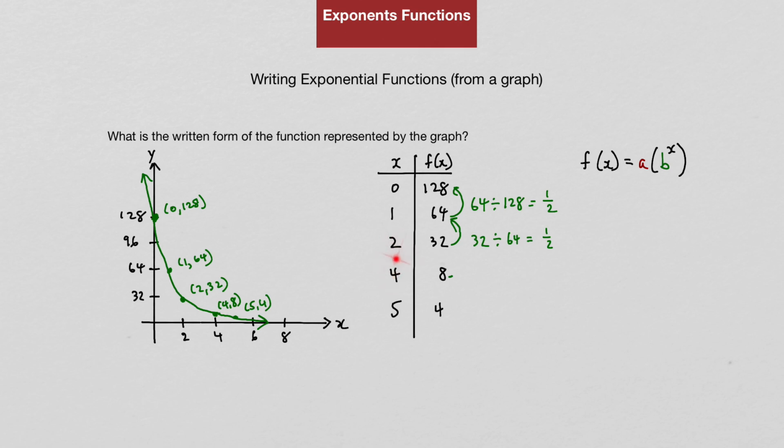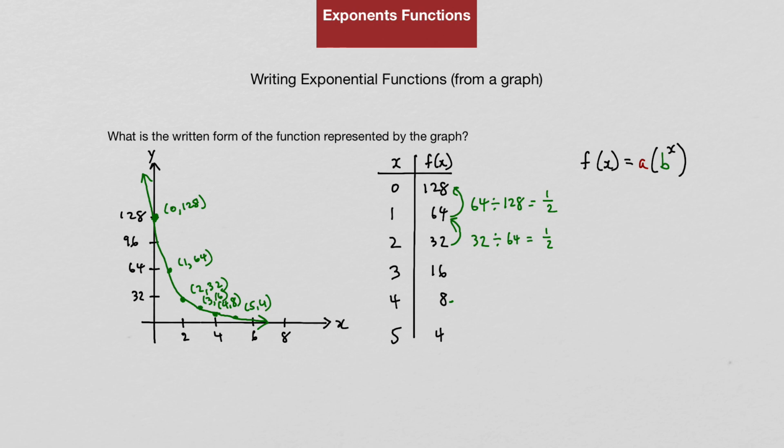So we actually need a point for 3. Since it's not on the graph, I'm going to go ahead and add that. And we find that it is 3, 16. So we're going to go ahead and insert that.